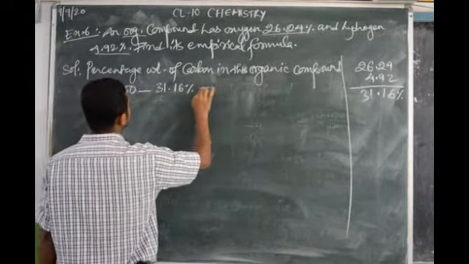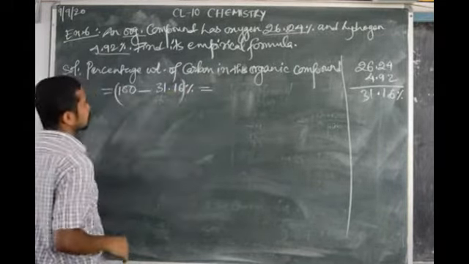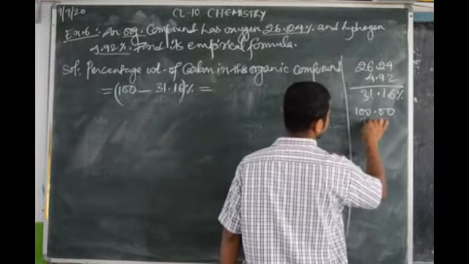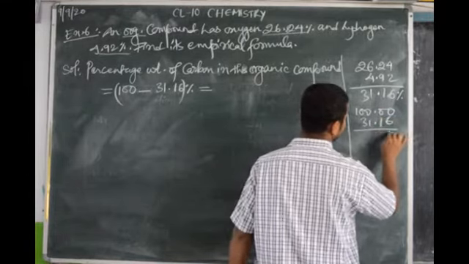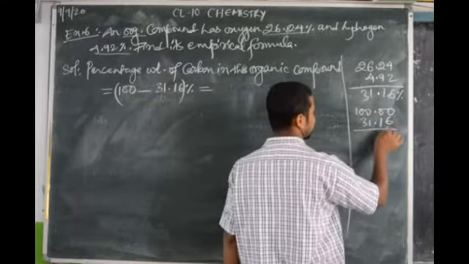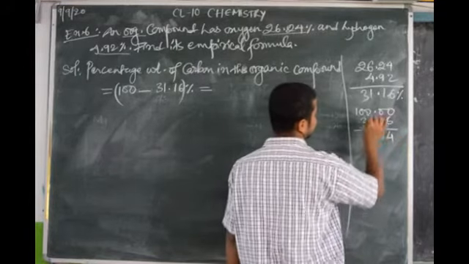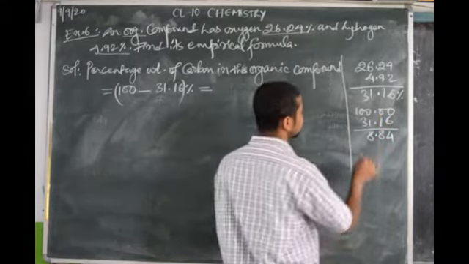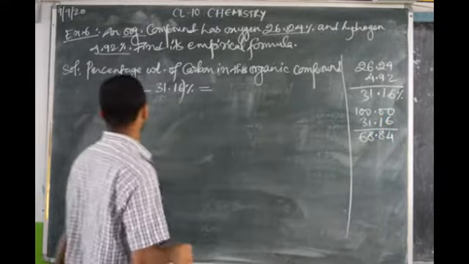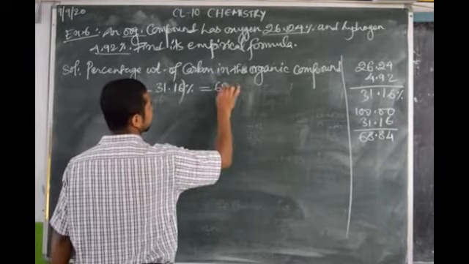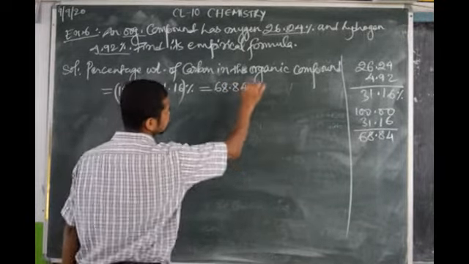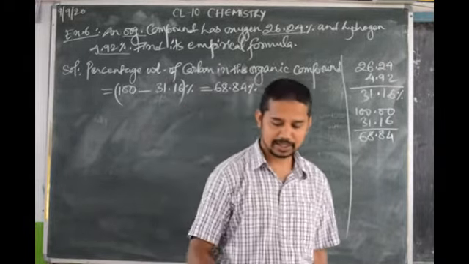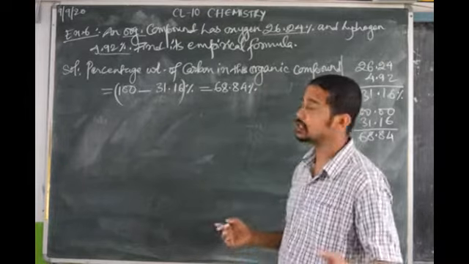So subtract 100 minus 31.16. So carbon must be 68.84%. So what is the percentage weight of carbon? 68.84. Then it is easy now.